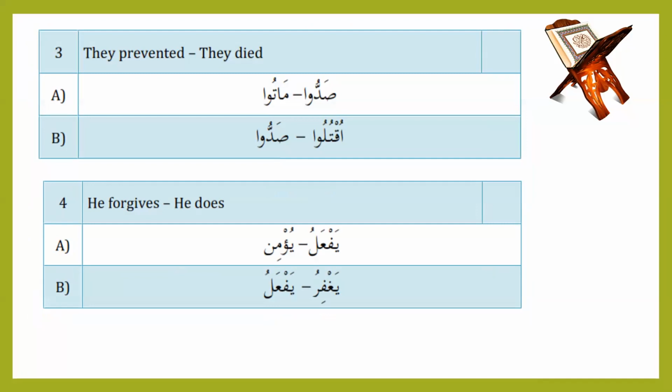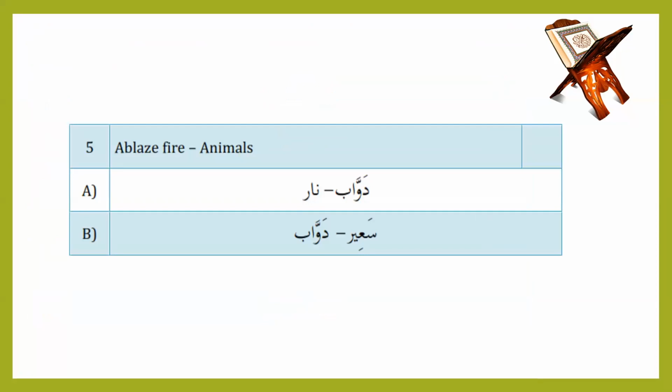They died. صدوا ماتوا. A is the correct answer. He forgives. He does. يغفر يفعل. B is the correct answer. Last one from you. A blaze, fire, and animals. سعير دواب. B.